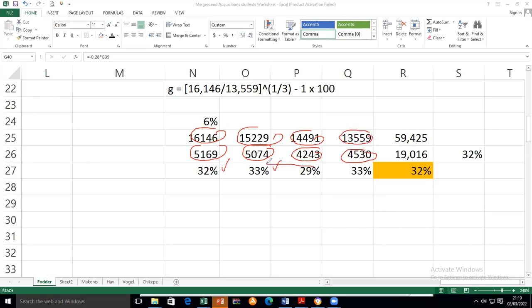When you add up all these figures and work out an average, the average is 32%. If you went by total sales and total operating profit, you again get 32%. Have you seen where the figures come from?